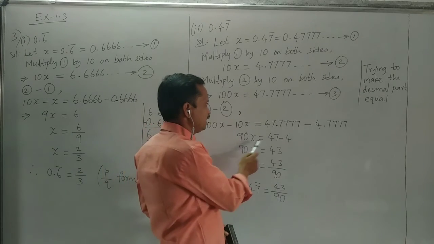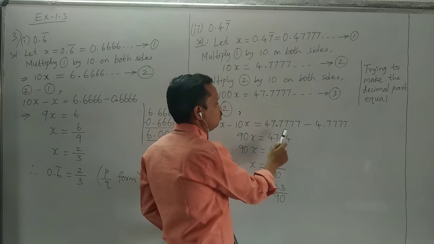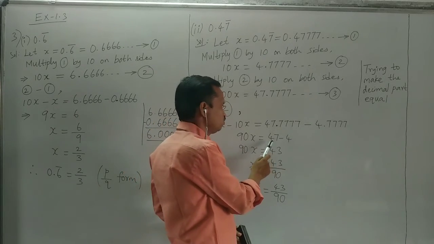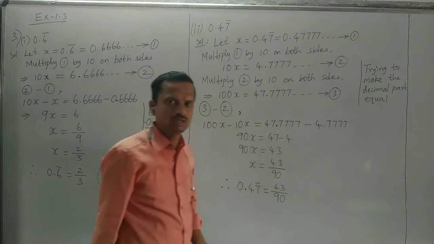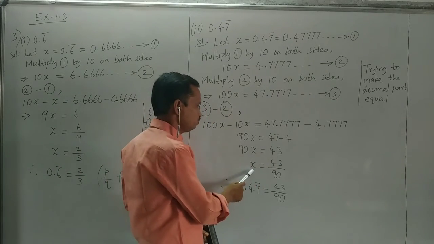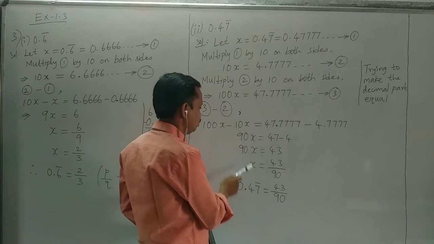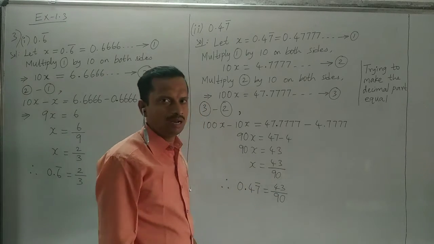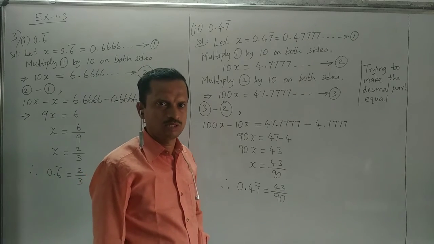And here you get 90x, and here you get 47 minus 4. The decimal parts are equal, so they vanish. So remaining is the integer part, 47 minus 4, which is 43, and you get 90x equal to 43, and so x equal to 43 by 90. So 0.47 bar is equal to 43 by 90. Okay, children, do you understand?